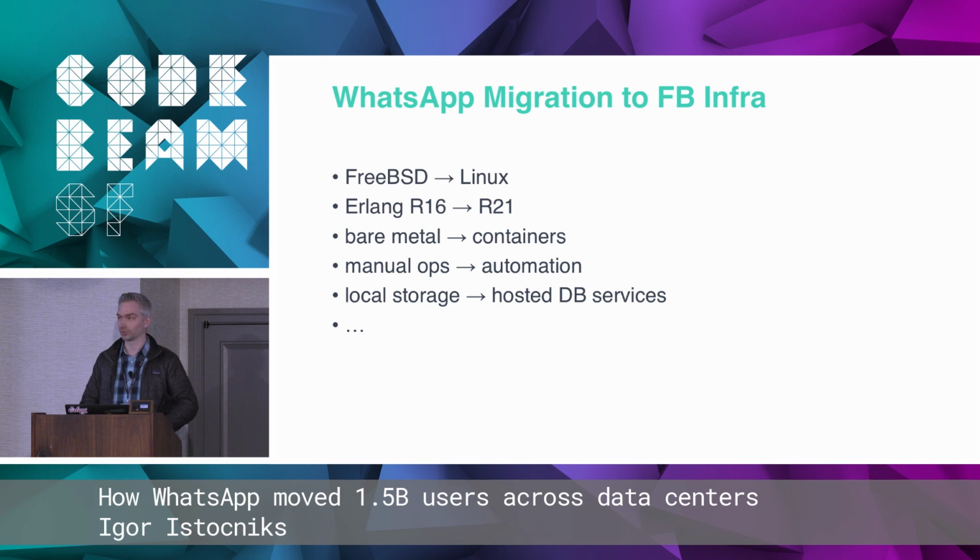Now we use more and more containers. Instead of manual production operations, we're switching to automation these days. And instead of having local storage that is hosted on our backend machines, we're now moving to hosted DB services. And this talk will be focused on the last piece here.